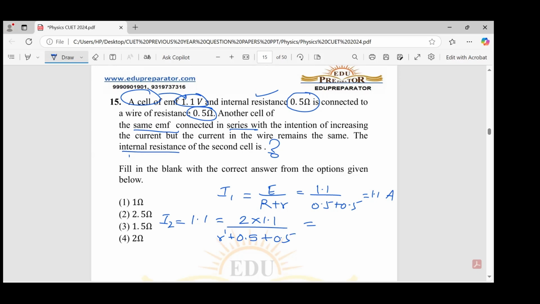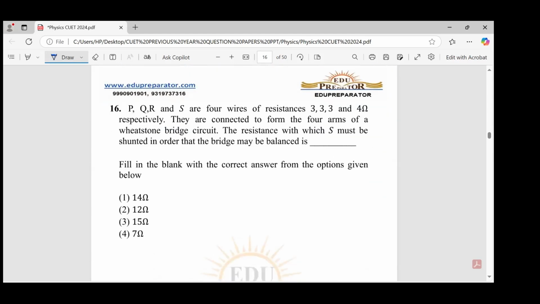So you find R dash, which is equal to 1 ohm, right? To keep the current the same. So we have the first option, 1 ohm, as the correct answer. Let's move to the 16th question.